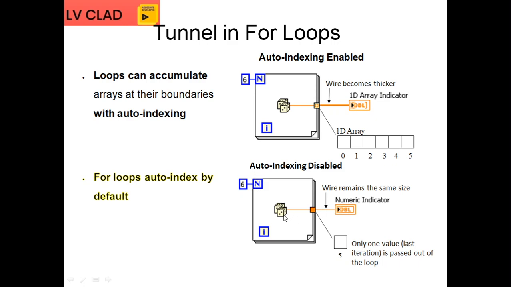The random number will generate a value 6 times, but it will display only the last iterated result, that is the 5th iteration result, as the indicator value. By default, the for loop has auto indexing enabled. That's very important.